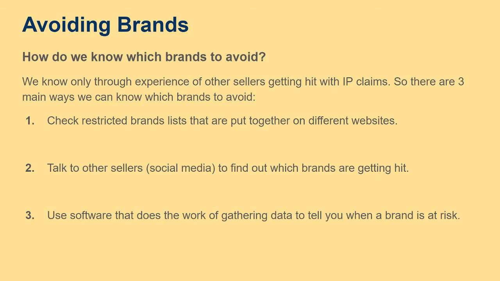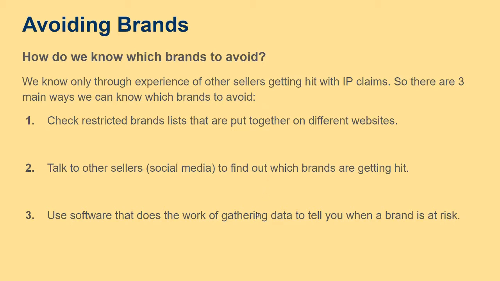And what I like about software, like the Chrome extension I use, is that they are always consistently building a database, and the fact that they can take the brand, any ASIN that I'm looking at, they can instantly check that brand, that ASIN, against their database. Now, we need to understand that, though, in all of these methods, it's based on the experience of sellers, right?